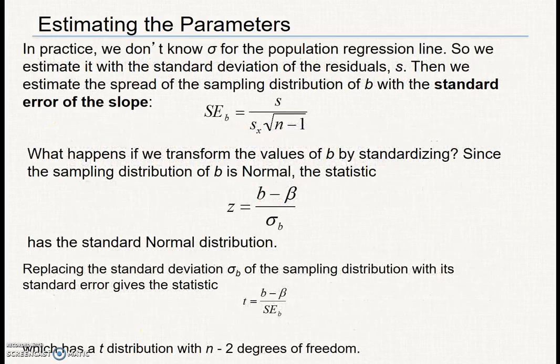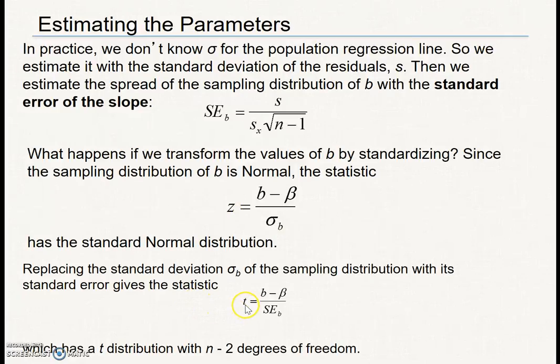Okay, so they have a bunch of formulas here, if you will, and I really don't think they're going to ask you to calculate the standard error. What I would think that they might ask you to calculate is a test statistic. Now notice if you know the population standard deviation sigma, you can use a test statistic z, but that is very uncommon.